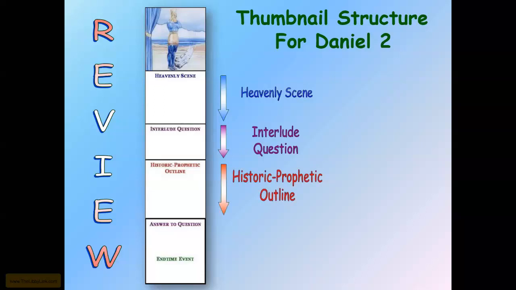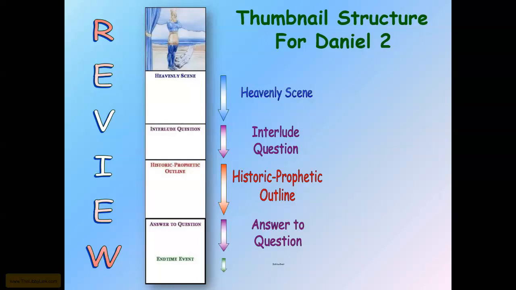Following the interlude is the historic prophetic outline. This is the portion of the vision chapter where Daniel gives the interpretation for the heavenly scene, which is always an interesting part. Fourthly, then the answer to the interlude question follows immediately. This happens in every single vision.